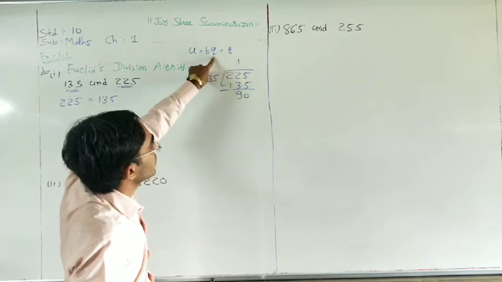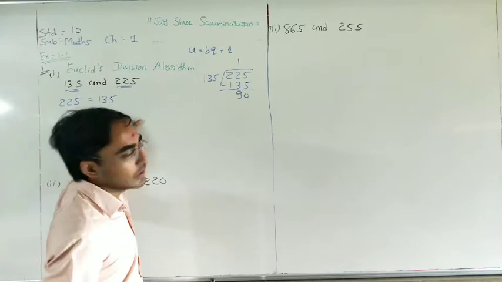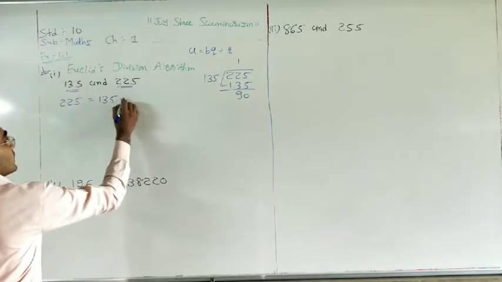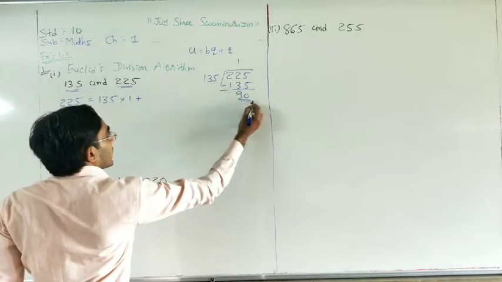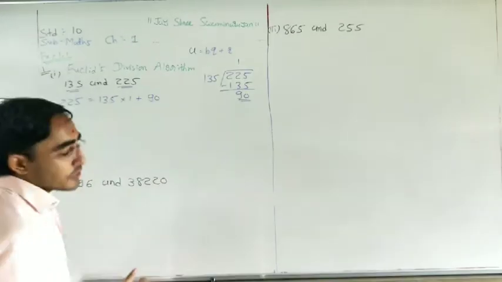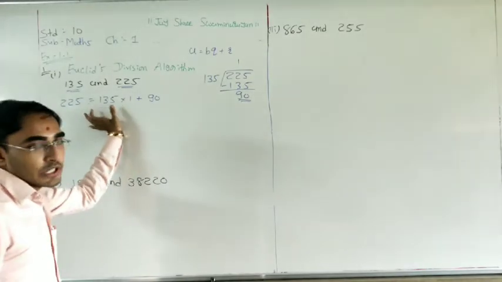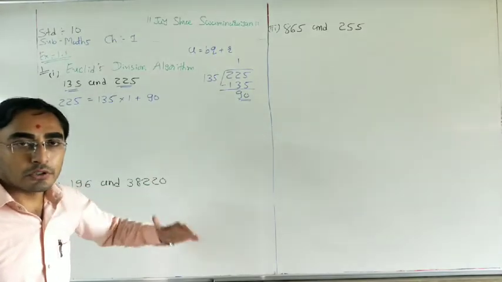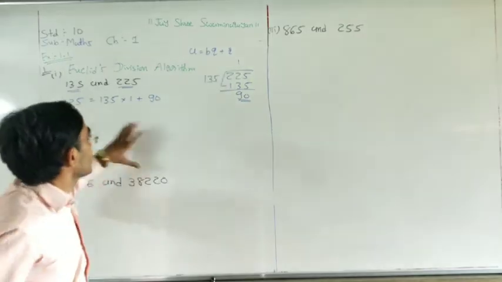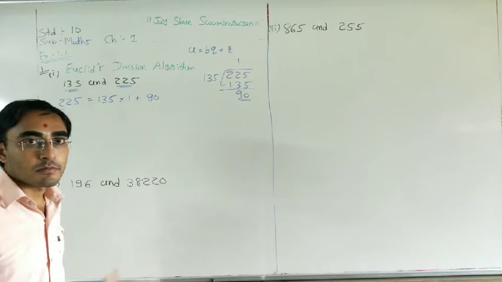This is your quotient q and this is your remainder. b is already written here, multiplied by q, that is 1, plus your remainder r. This is your first step. You write the big number here, the small number here, divide the big number by the small number, and write your quotient in the multiplication, plus your remainder.